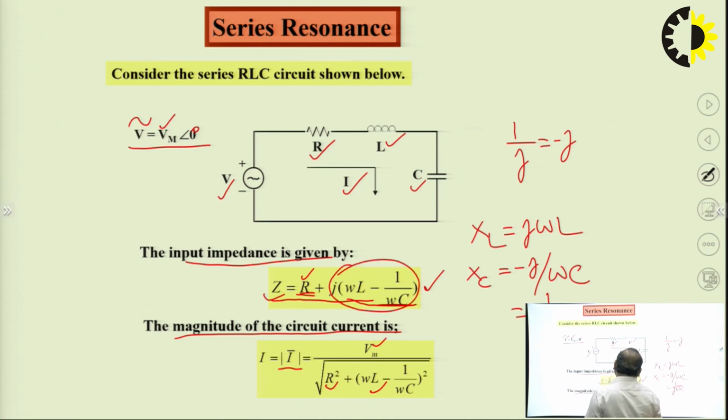So, that time we will have resonance condition in this circuit, and for that omega L must be equal to 1 upon omega C. So, that will become the condition for series resonance, and that time we will get maximum current in the circuit, since impedance will become minimum equal to R only, and current will become maximum, that is supply voltage upon resistance, since the impedance becomes R only that time.